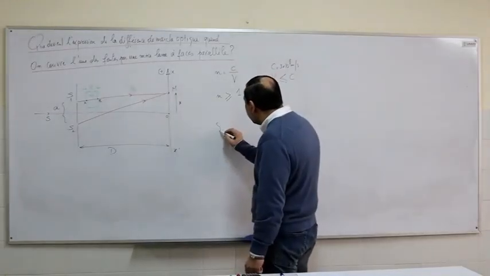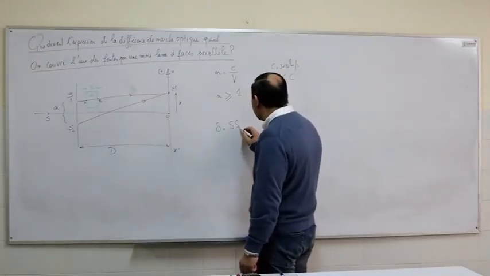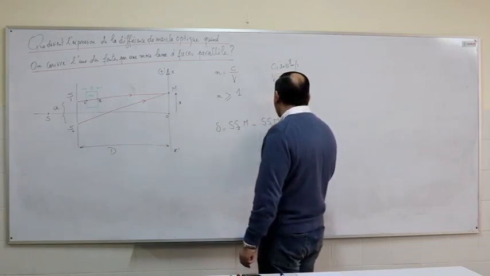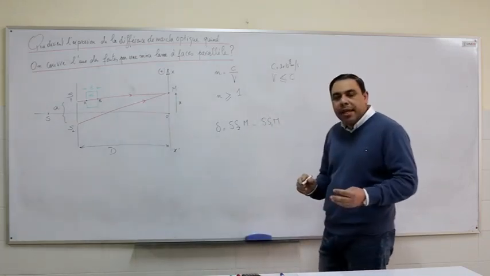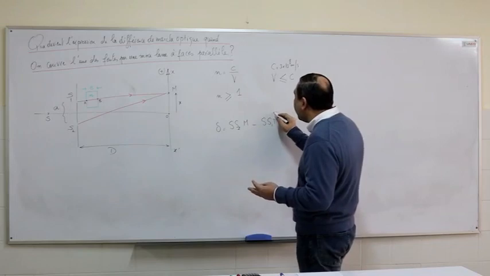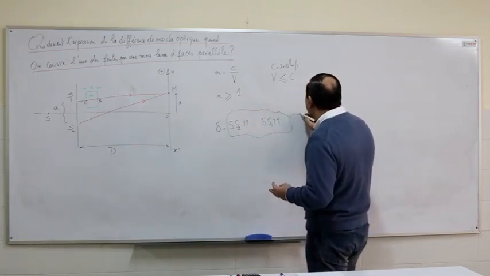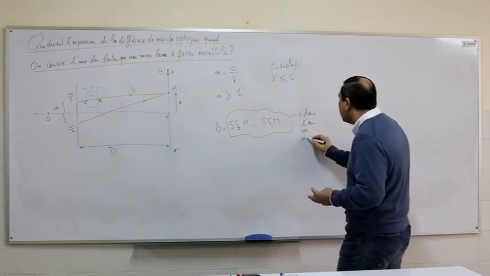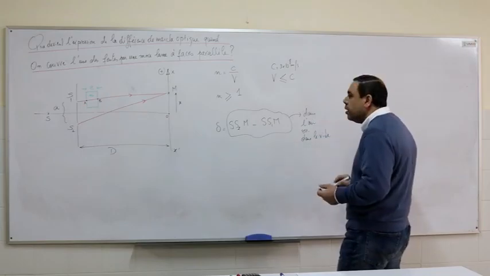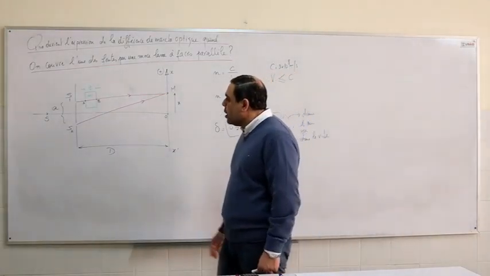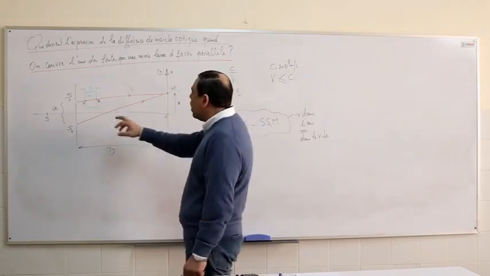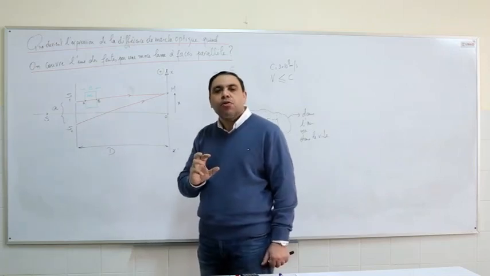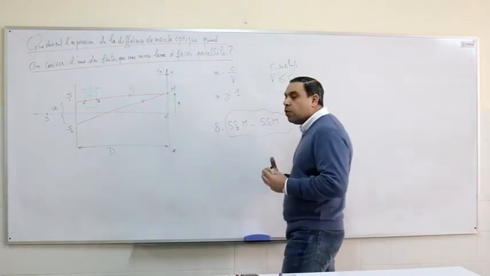The optical path difference is given by delta equals SS2M minus SS1M. Note that this expression is valid in vacuum or air. But we have a problem here. This part of the optical path, which is S1M, passes through the thin plate, not only in air or vacuum.